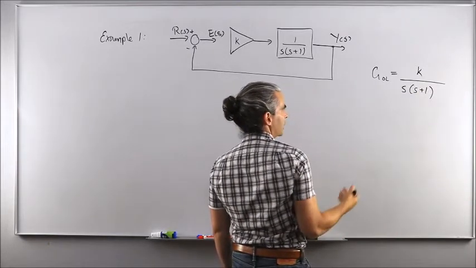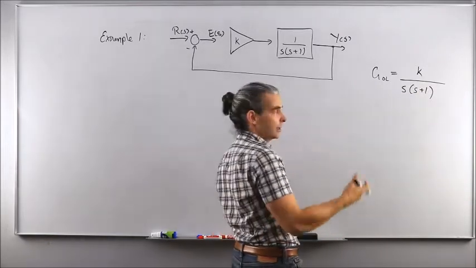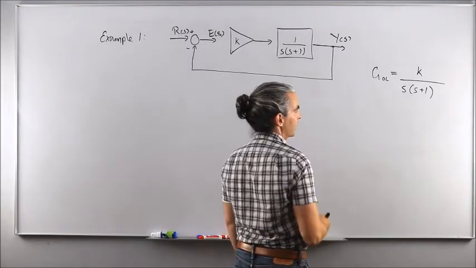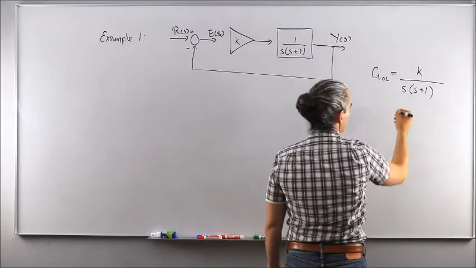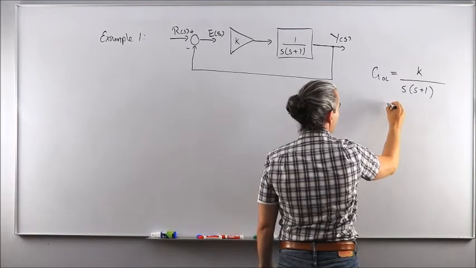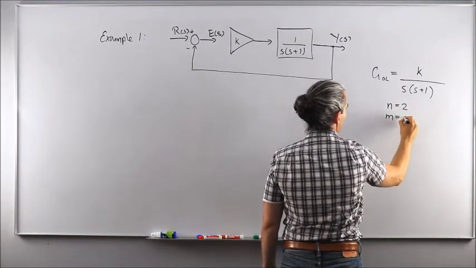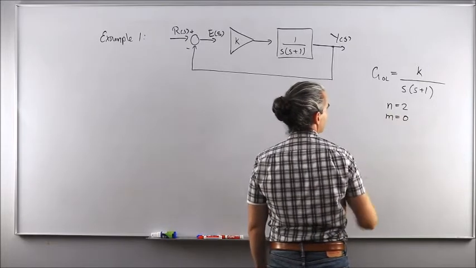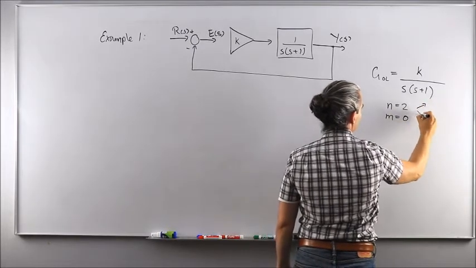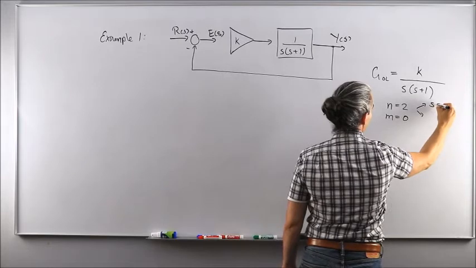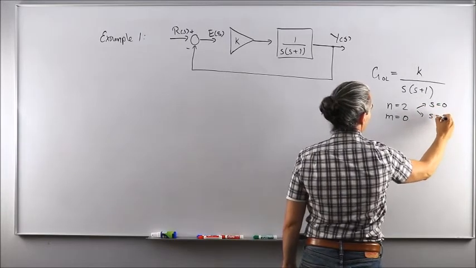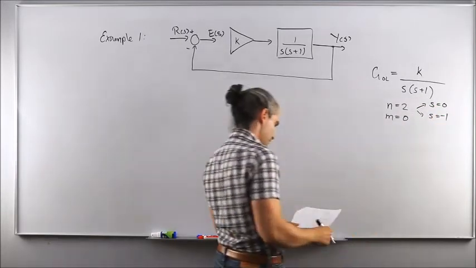Now I need to figure out how many poles do I have, how many zeros, and where they are in the complex plane to begin with. I'm looking at that and I say, okay, I have 2 poles and no zeros. Where are my 2 poles? I have one at the origin and the other one at -1. Okay.